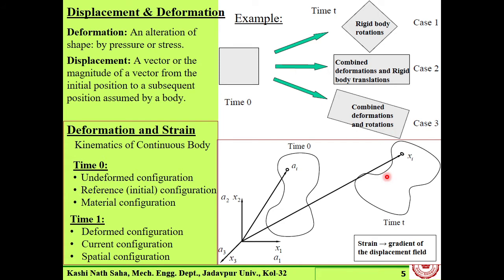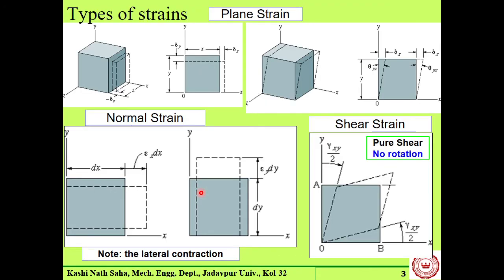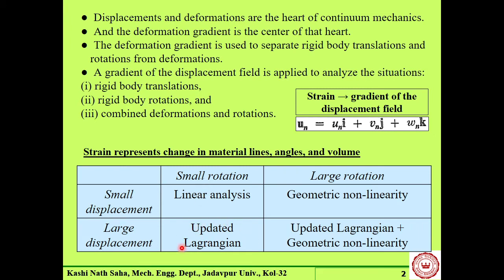So now the point is why this is also called a reference configuration. That is needed when we use this idea of updated Lagrangian. There can be various other ways of describing this large displacement phenomena.